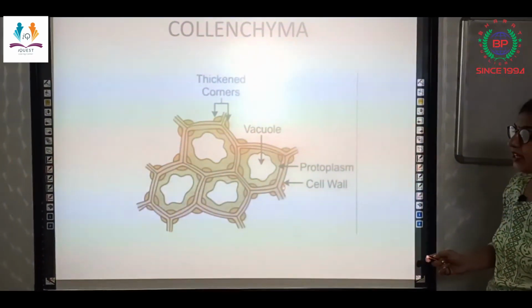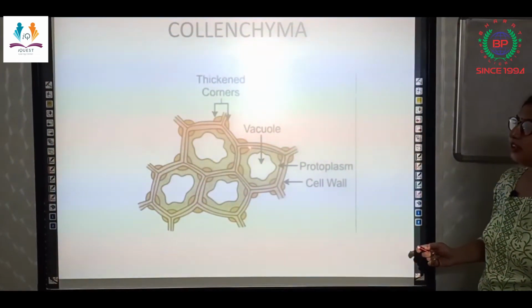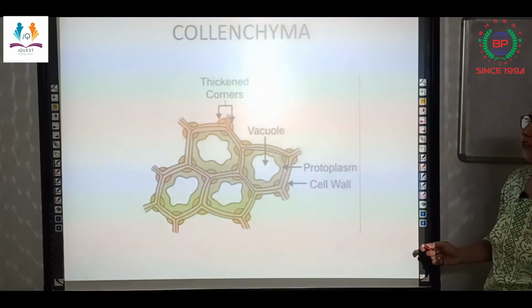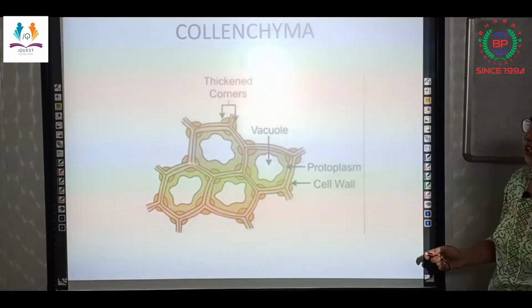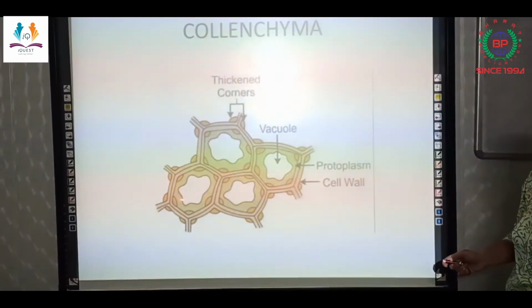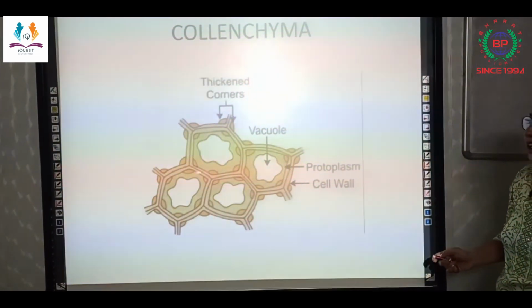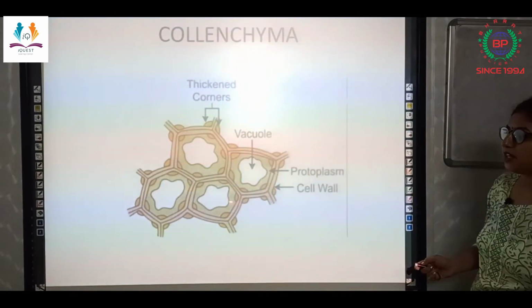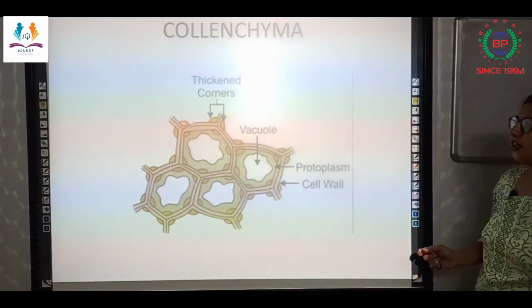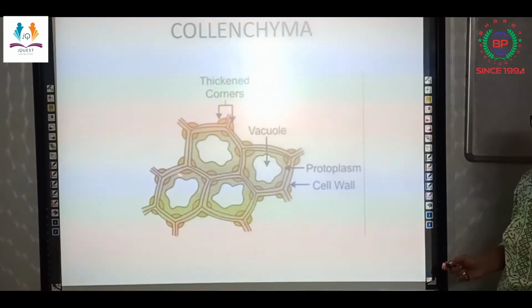They have the cell wall and you can see the thickening present at the corners of the cell wall. It has thickened corners. This is the characteristic feature of the collenchyma. It provides stiffness. It is present in the leaves and it provides stiffness and strength to the plant.